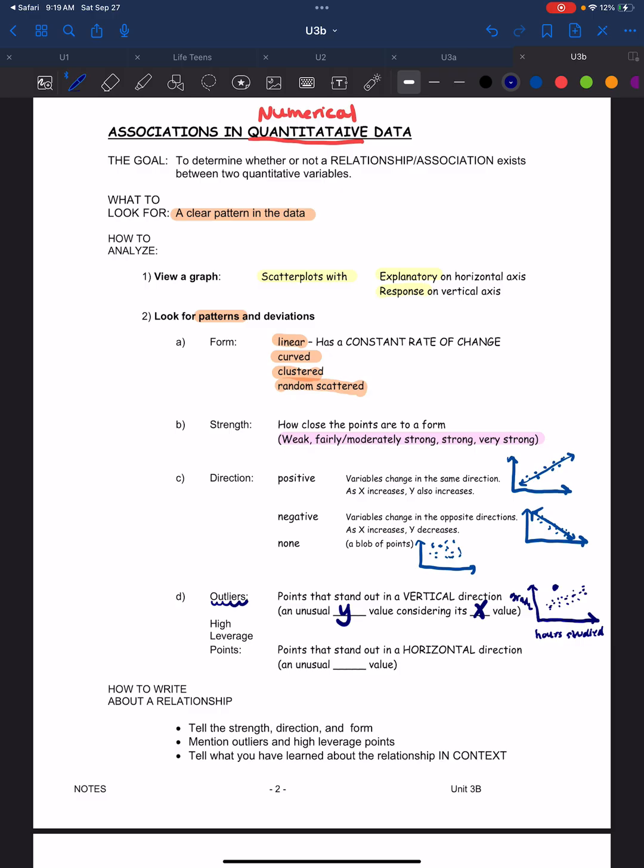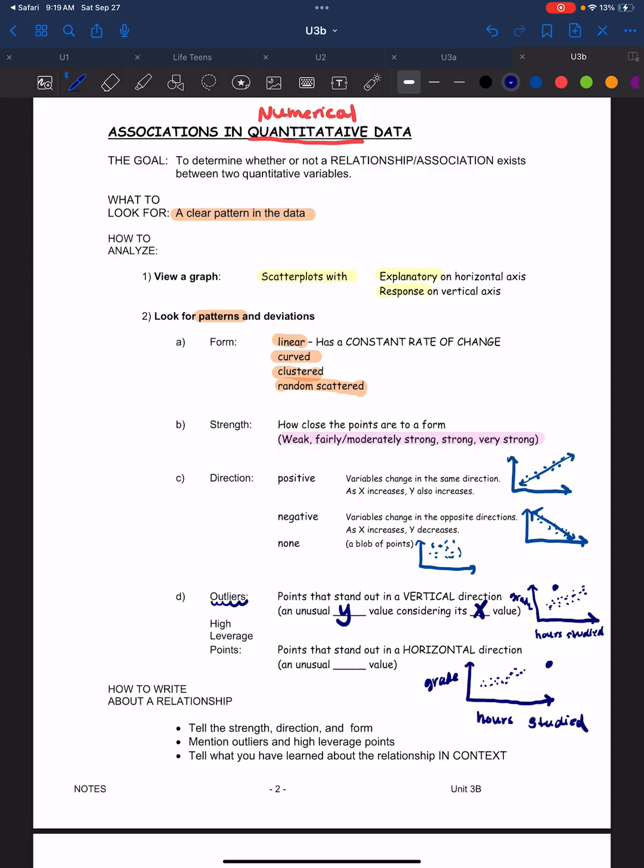Versus a high leverage point, which would be, if you're still thinking hours studied for a test and your grade, somebody where most people probably studied 15 minutes to an hour, so most people are in here, but then maybe you have the one person who studied for some reason 10 hours, and they're way over here.